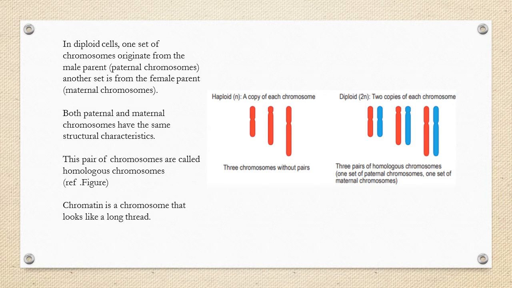Now we have three pairs of homologous chromosomes, meaning one set from the paternal chromosome and the other set from the maternal chromosome. Meaning, in our body, 50% of the chromosomes are from our father, which is the paternal chromosome, and 50% from our mother, which is the maternal chromosome.